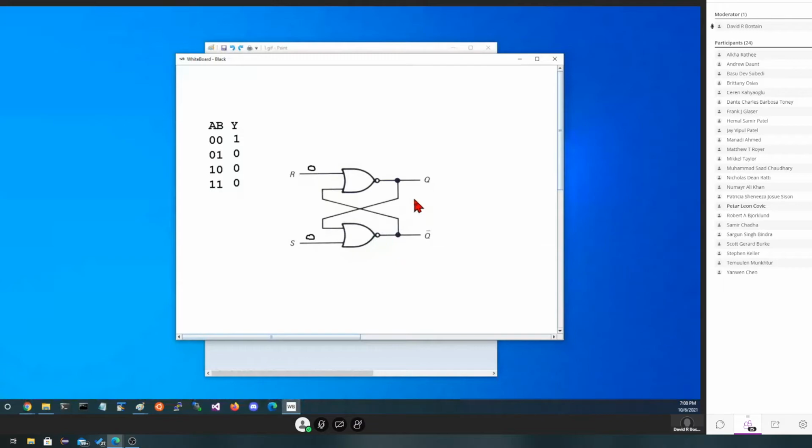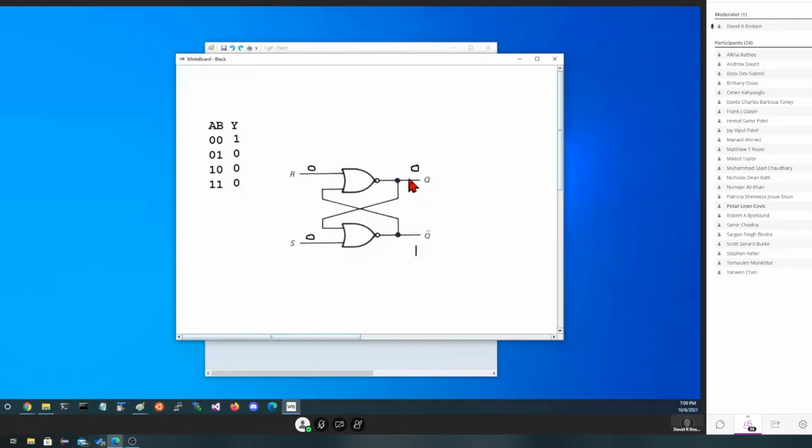What if we said we want to initially be in the reset state? If we did, Q would be a 0. Not Q would be a 1. So let's just assume, because we know it becomes stable at some point, that it's in a reset state right now.